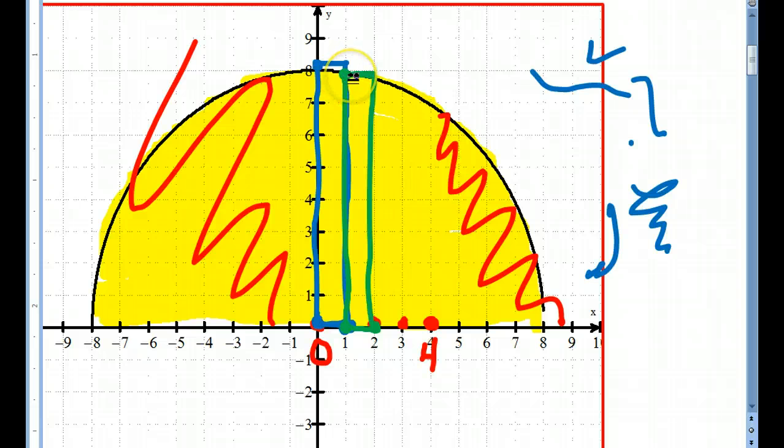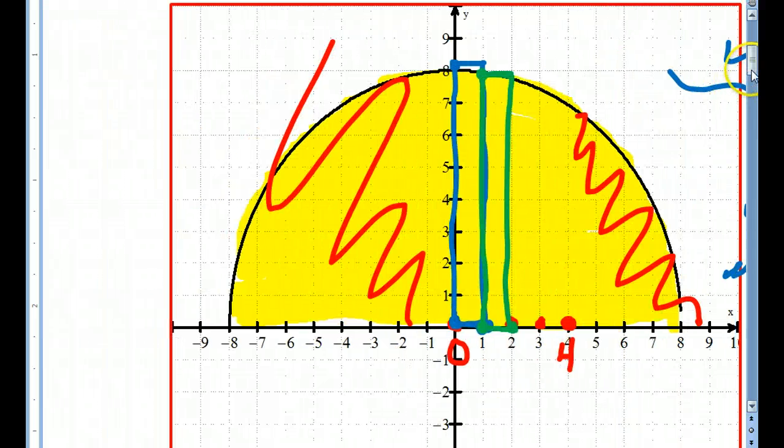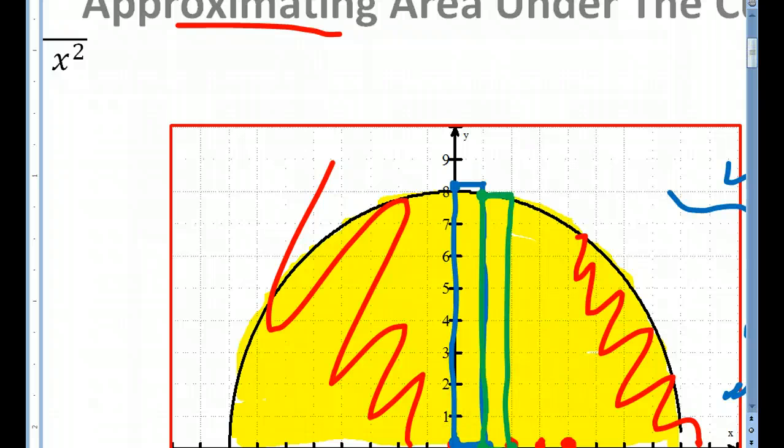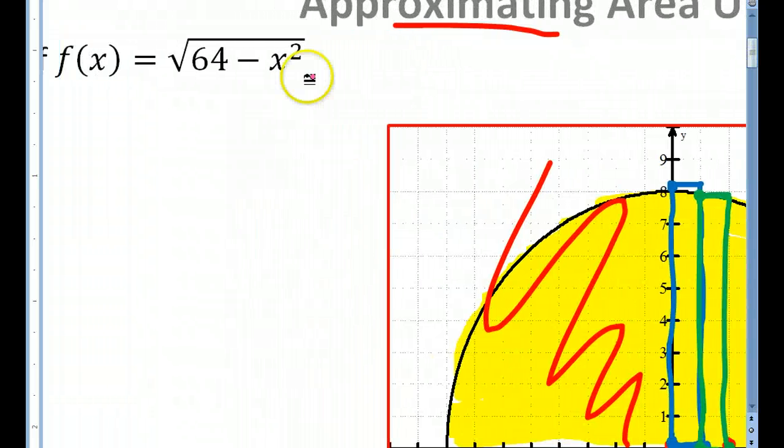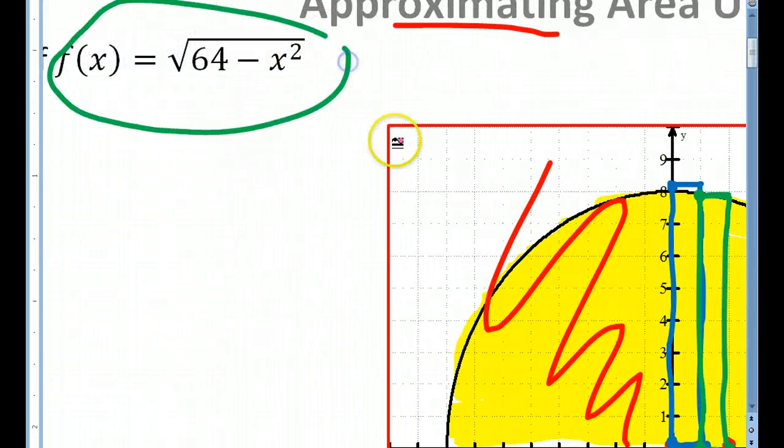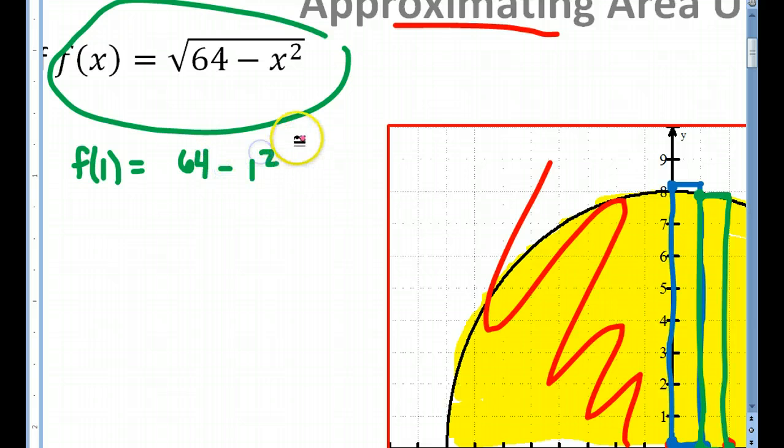Approximating. Proportion. Since I have the equation, I can find this y value by plugging in 1. f of 1 equals the square root of 64 minus 1 squared.